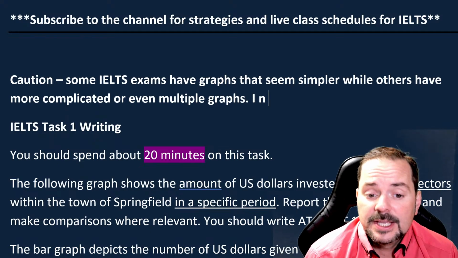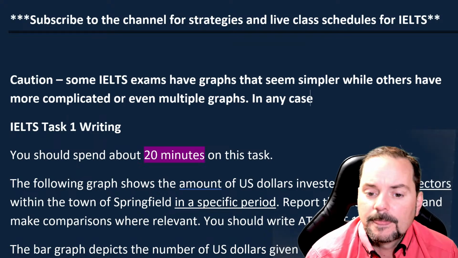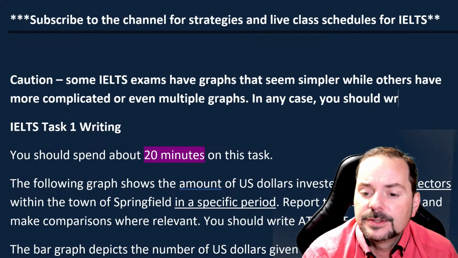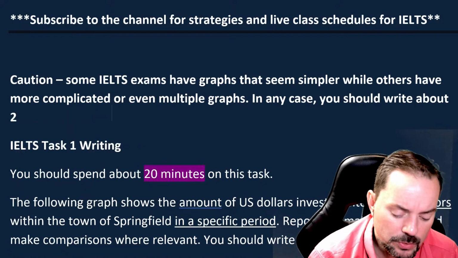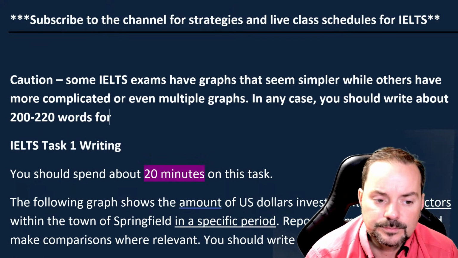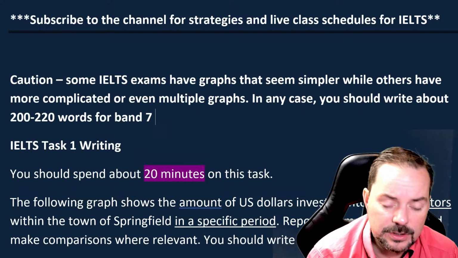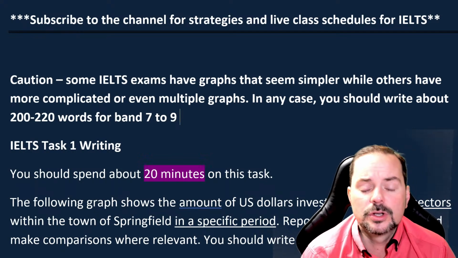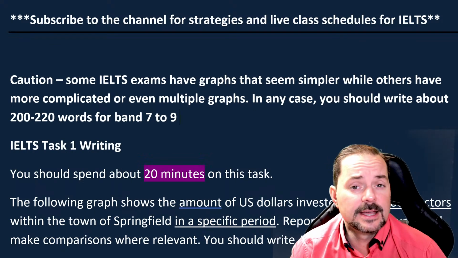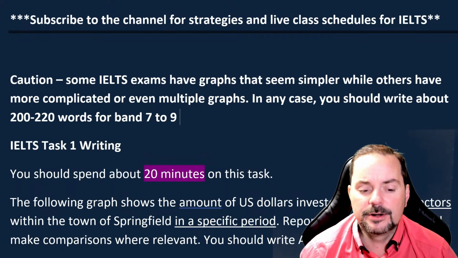In any case, you should write about 200 to 220 words for bands 7 to 9. So those higher band score essays for IELTS Task 1 that get 7, 8, 9, they're not just 150 words.